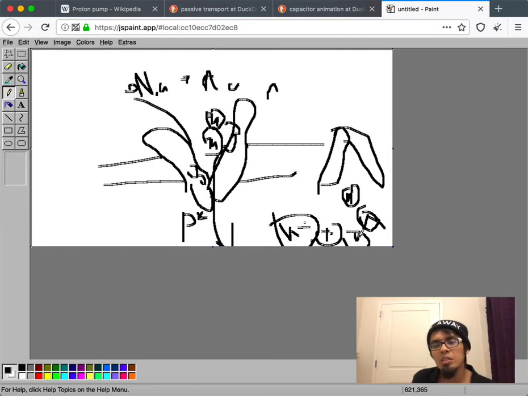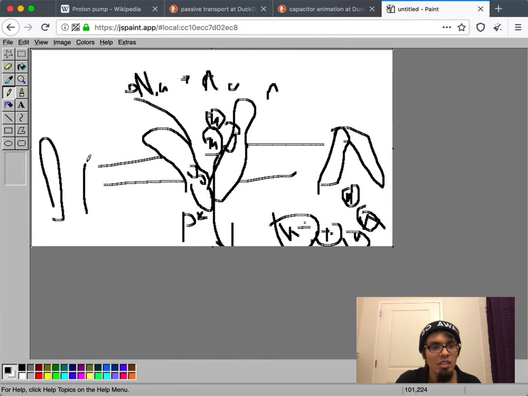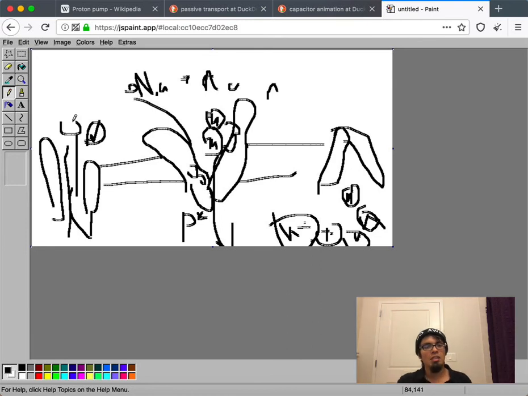Okay, it's going to go against the concentration gradient in the cell, because you're adding more to what is already a lot. It's also going to increase the chemical gradient, and then the electrical gradient will eventually cause the movement of these K pluses outside of the cell through the K plus leak channel.